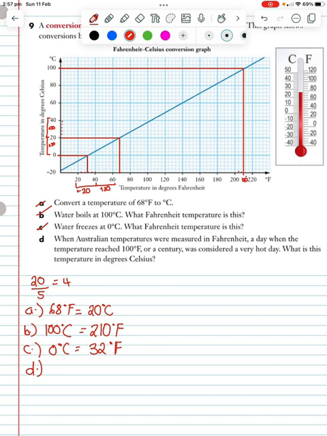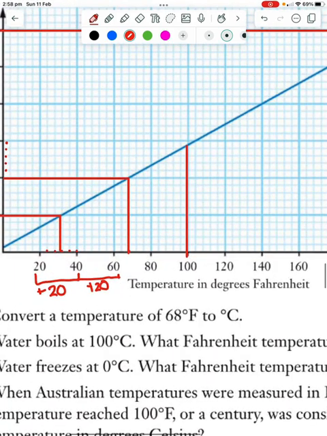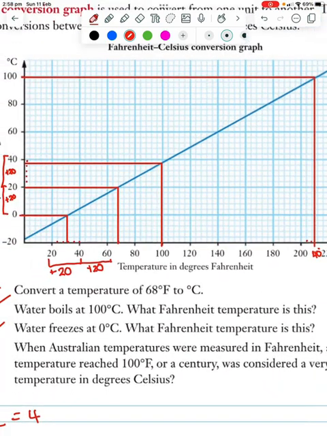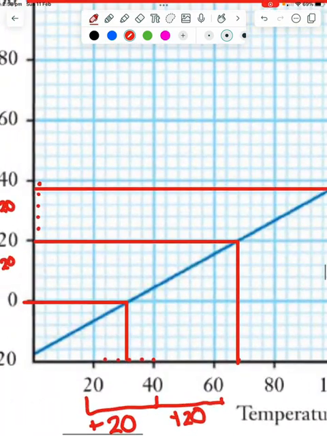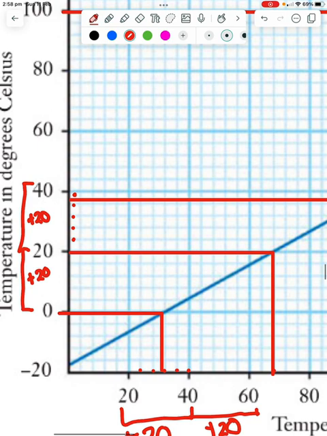So I'm going to find my 100 degrees Fahrenheit, and draw my line up until I hit my conversion line. I'm then going to draw my line across. There we go. So if we zoom in, that's 24, 28, 32, 36.